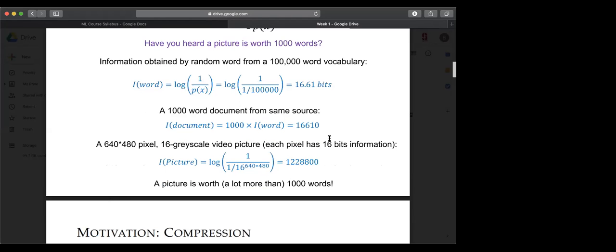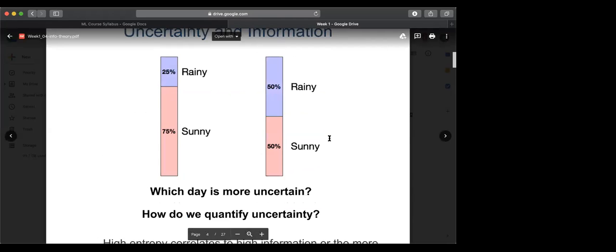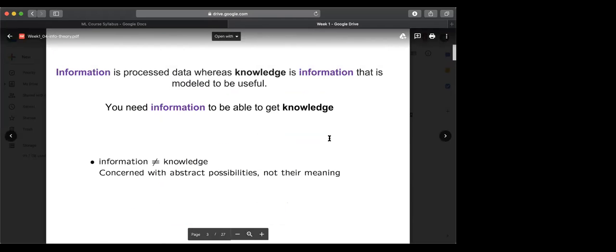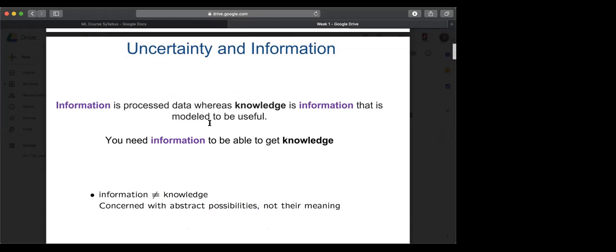And then can you go back to information versus knowledge? Yeah. So basically, information is just the data. Information would just be your event space. If I have a data set of events I've observed, you have information. But knowledge is information that's modeled to be useful.